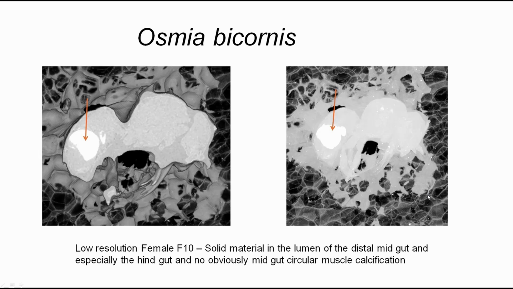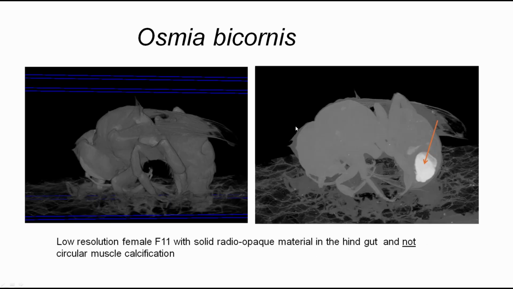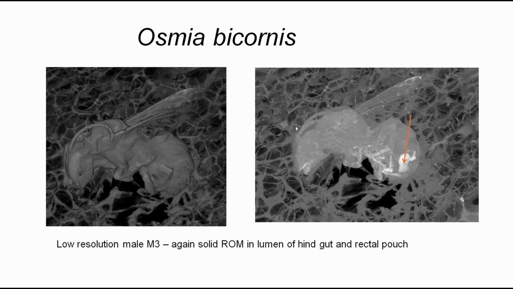These are other examples of very large and obvious amounts of radiopaque material in the distal bowel. Here's yet another one, and the males, the 2 males, were showing the same thing.